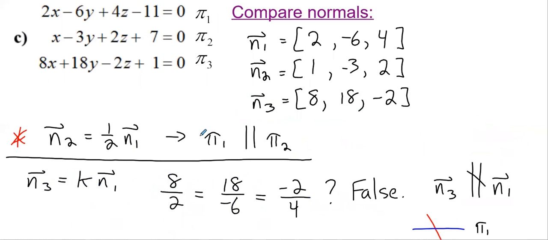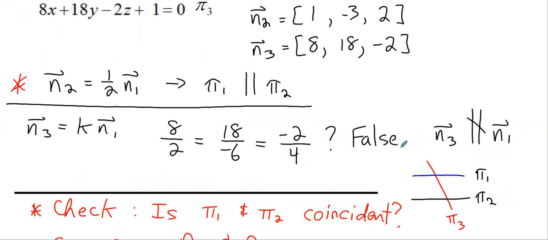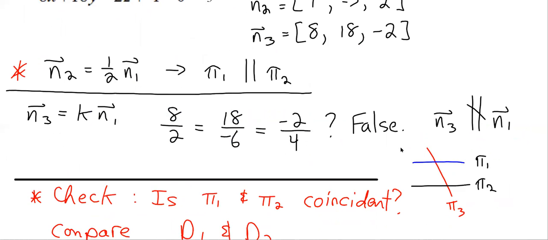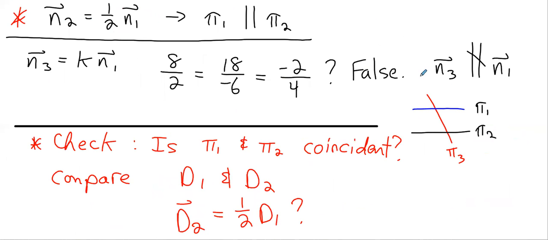All right, the next example is exactly the same thing: taking a look at the normals, checking to see if any of the planes are parallel. In this particular situation, planes 1 and 2 are parallel, but the third one is not.